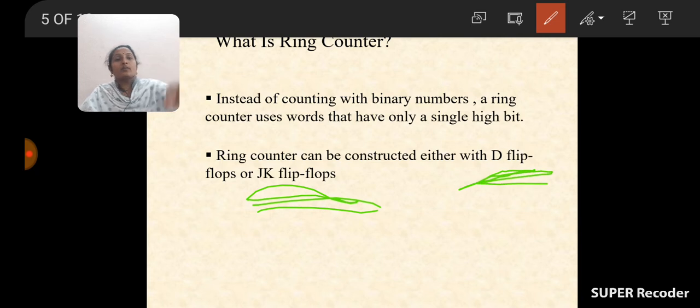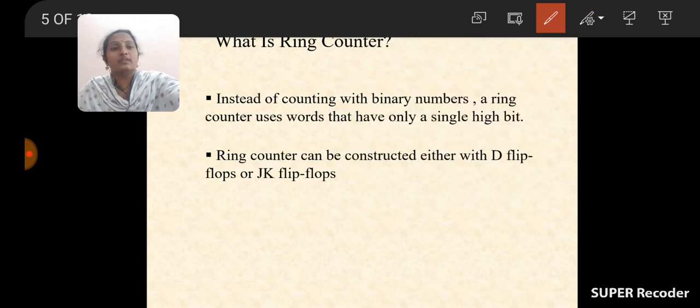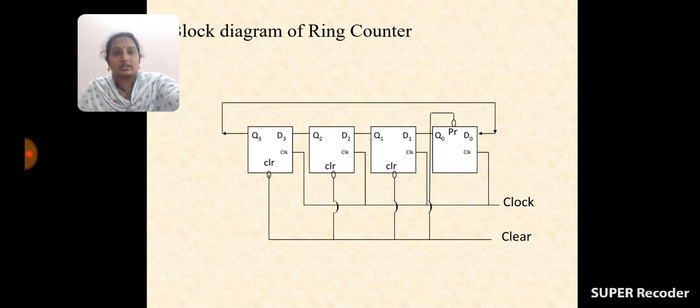If we want, we can use the JK flip-flop, otherwise it may be constructed with the D flip-flop. Asynchronous ripple counters and mod counters are all designed with only JK flip-flops, but ring counters are also constructed with D flip-flops.